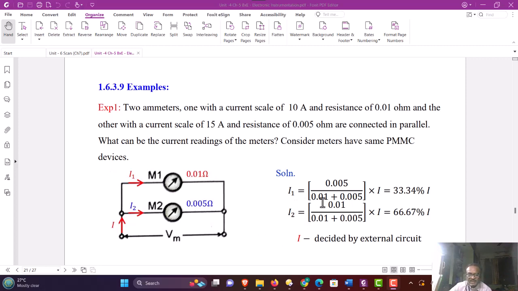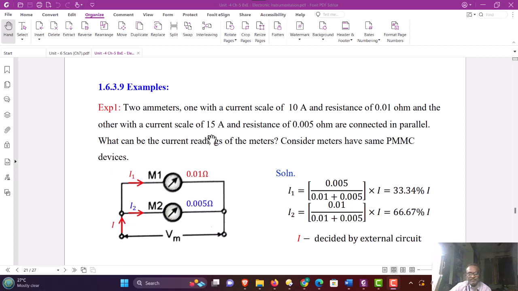So here I1 comes out to be 33.34% of I and I2 comes out to be 66.67% of I. And here the I will be decided by the external circuit. For example, it can be the load current.